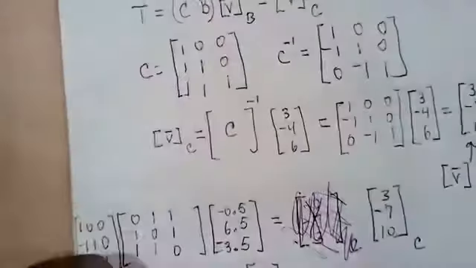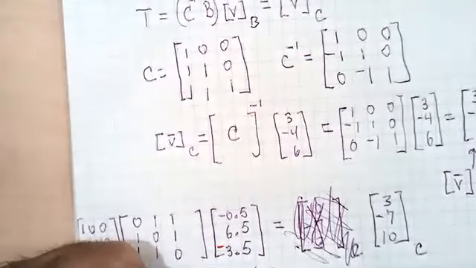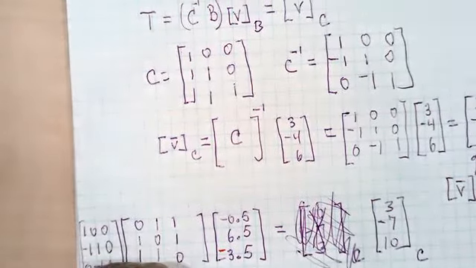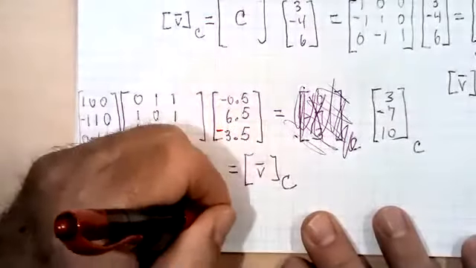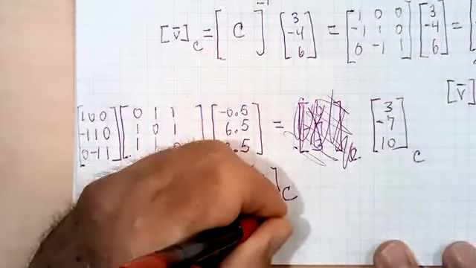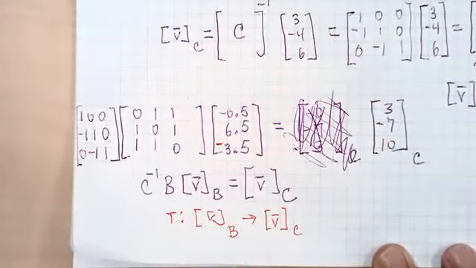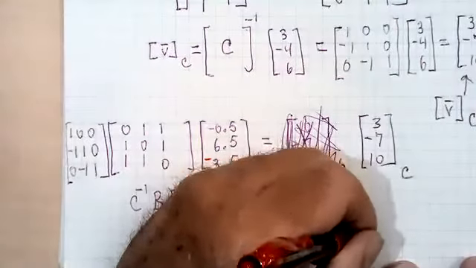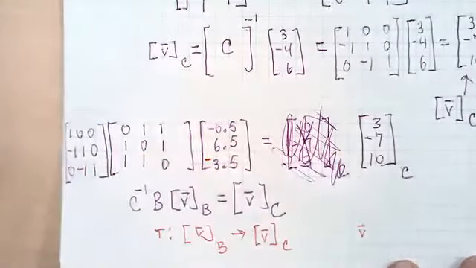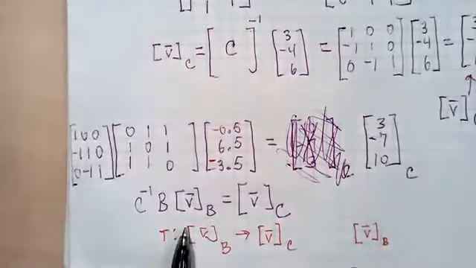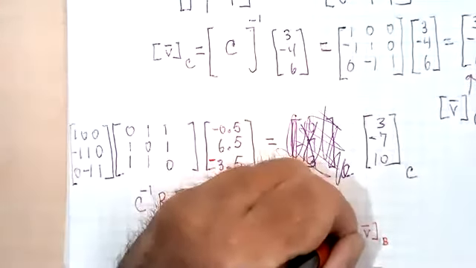So what we're saying is that the transformation that takes you from the B coordinate system to the C coordinate system is accomplished by this calculation. You start with your coordinates in V. You first multiply on the left by B, and what's that doing?